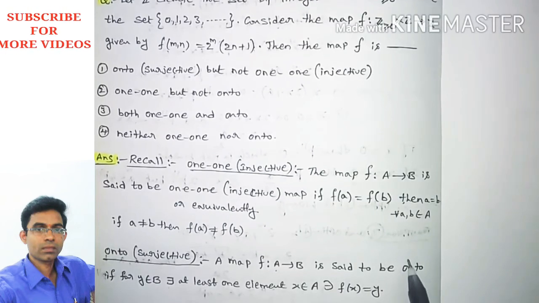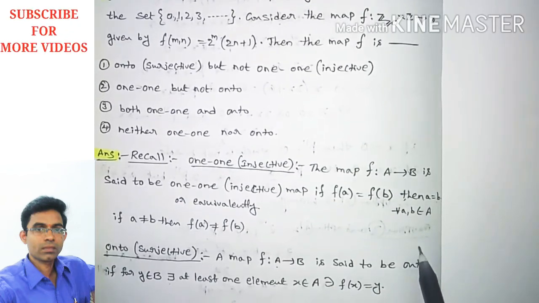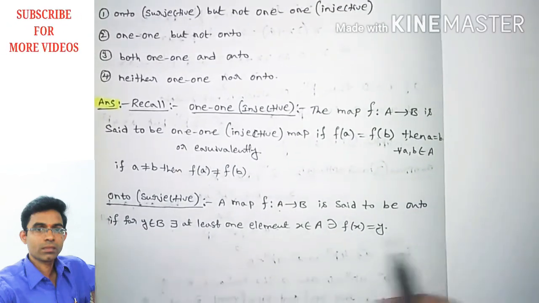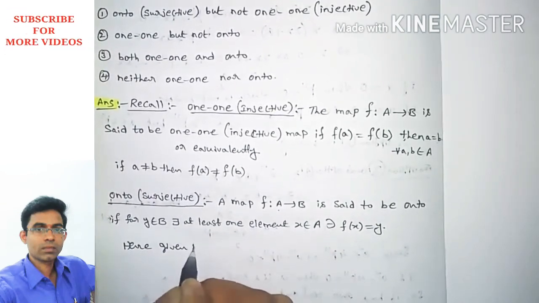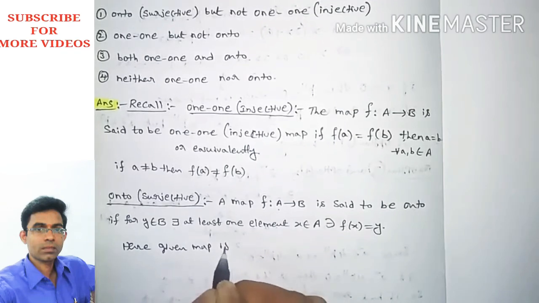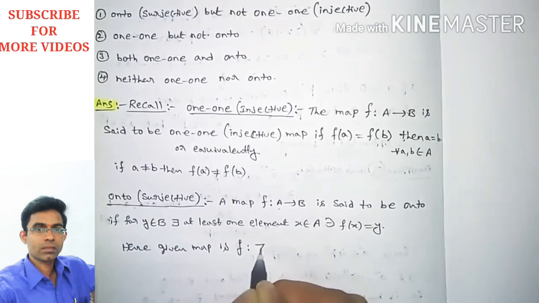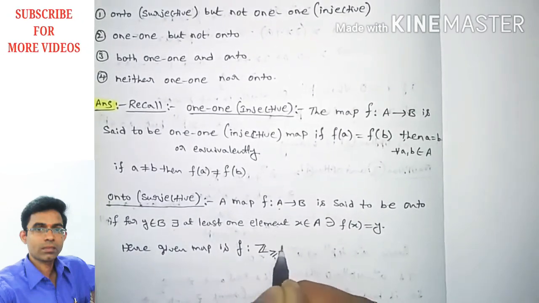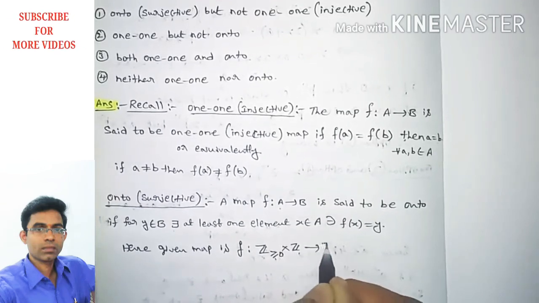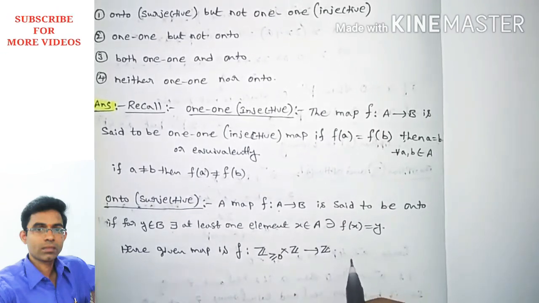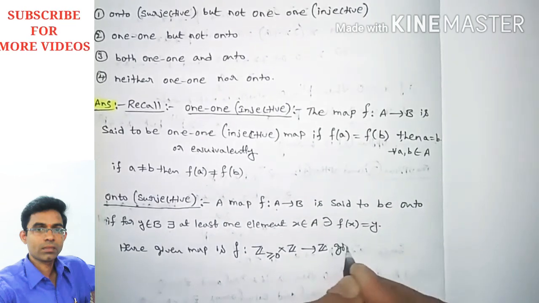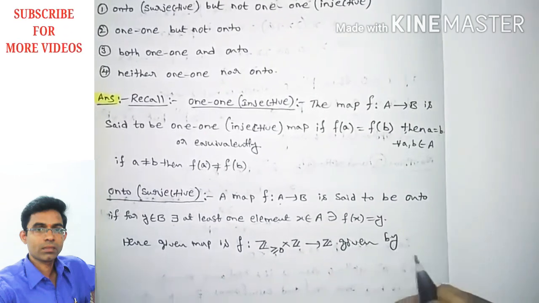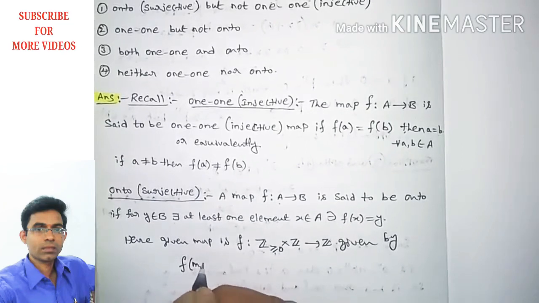And now coming to the problem, the given map is F from Z greater than or equal to 0 cross Z to Z, given by f of (m, n).